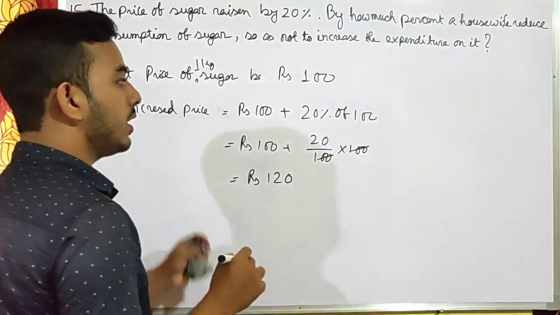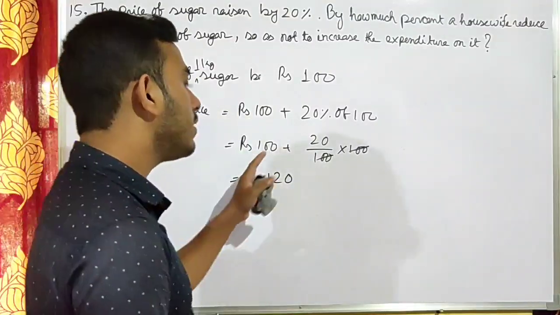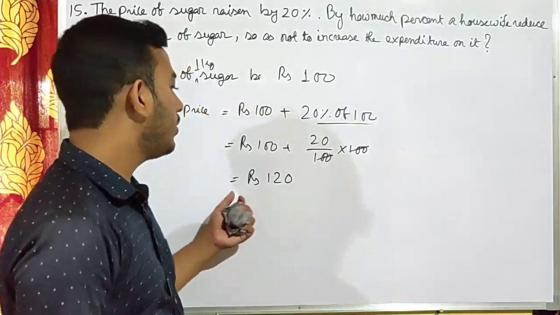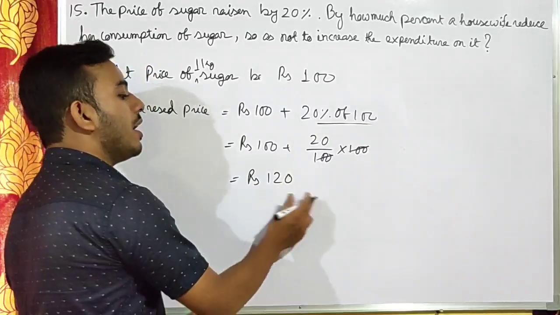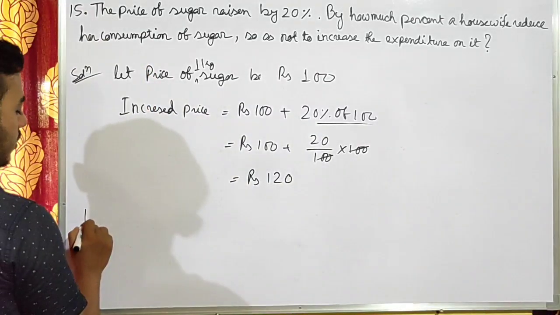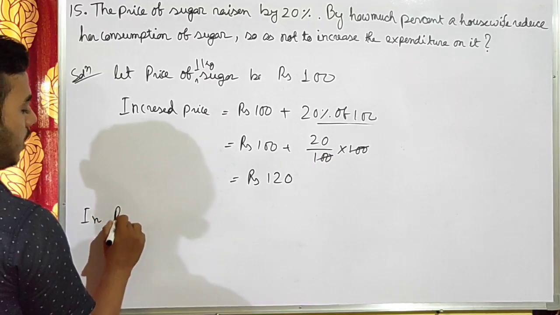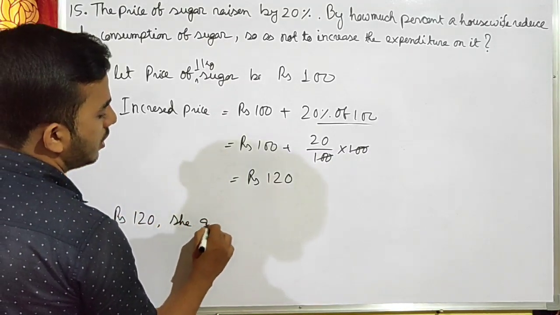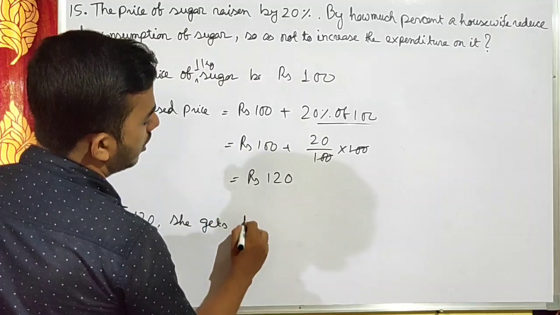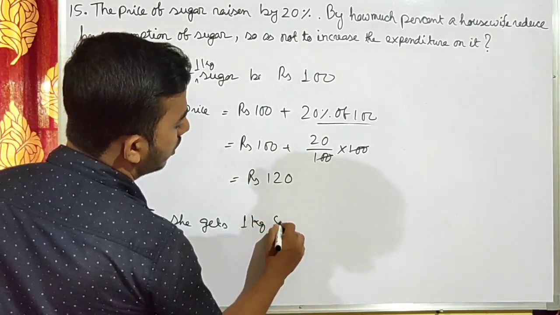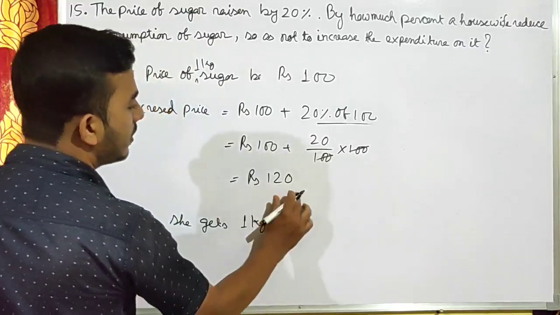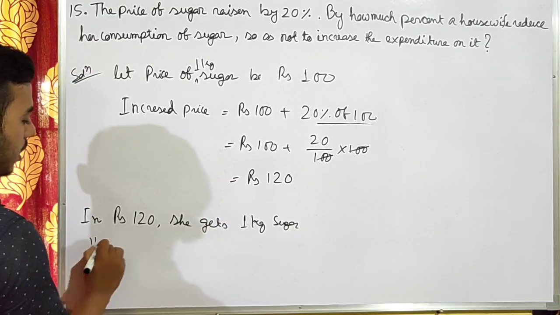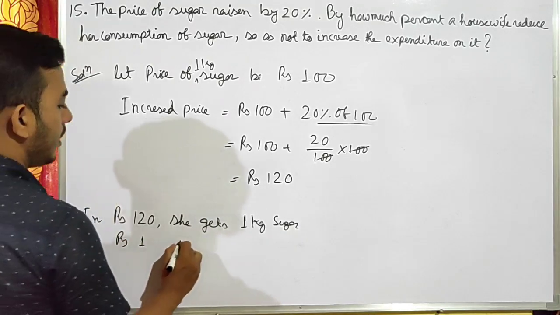The increased price means the original price plus the increase, so it is the total increased price. Now the cost of 1 kg sugar is rupees 120. So the present price of 1 kg sugar is rupees 120.